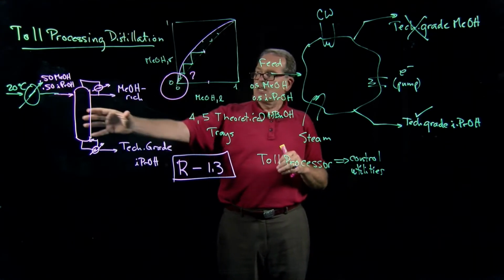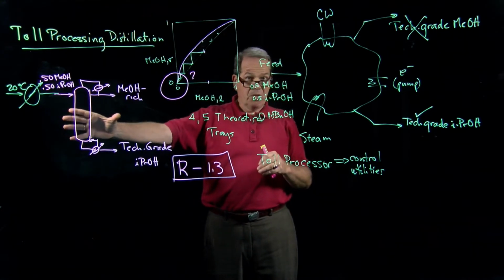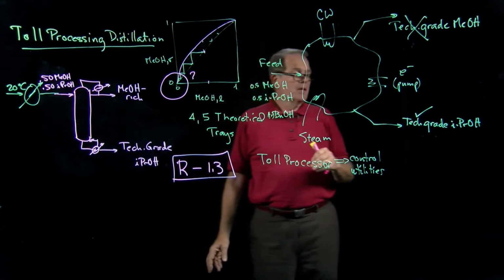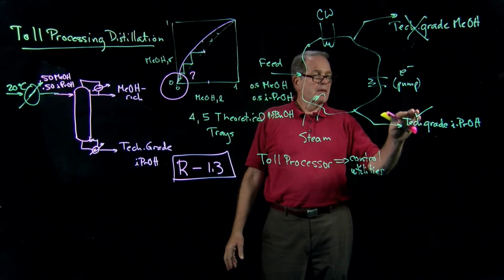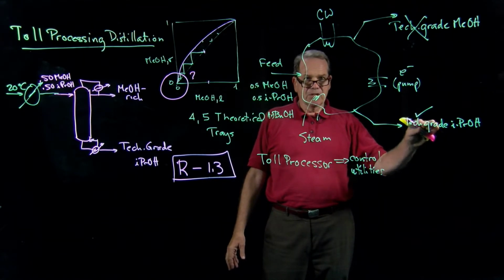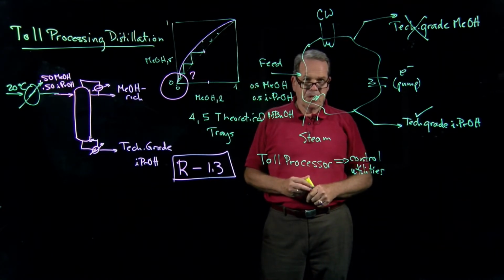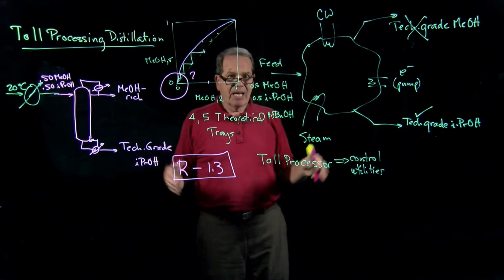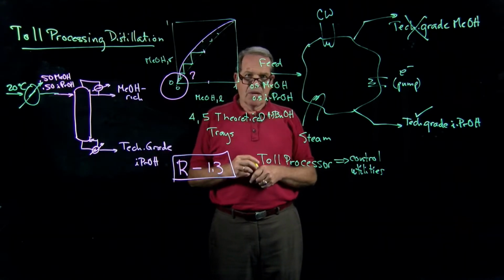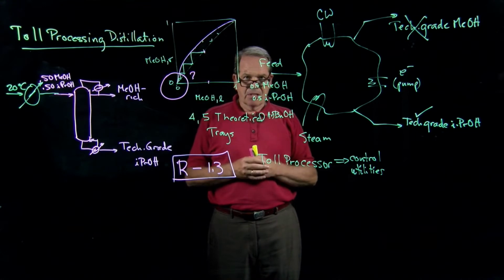We are going to have to set up the column in an unusual way because we don't have many trays. If we do that, we should be able to get technical grade, but it's going to be a push for us. So now we're ready to go to ChemCAD and see exactly what happens.